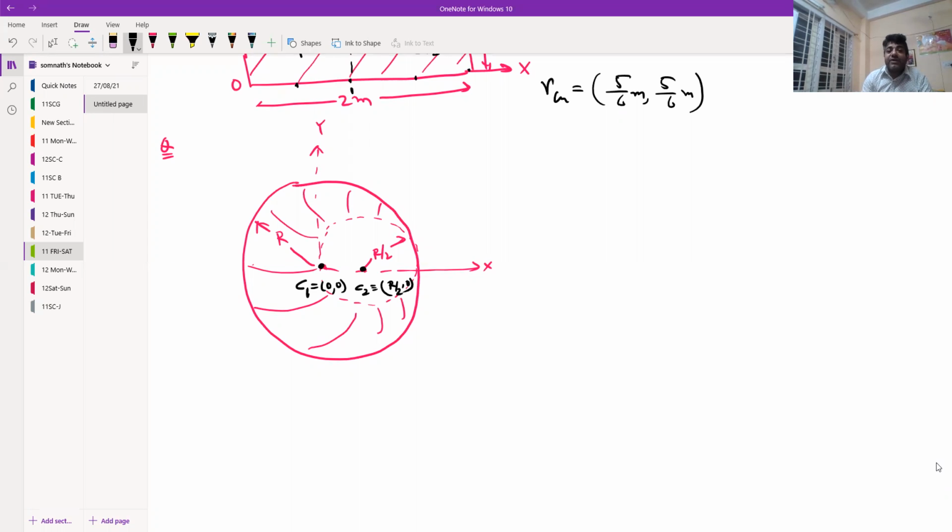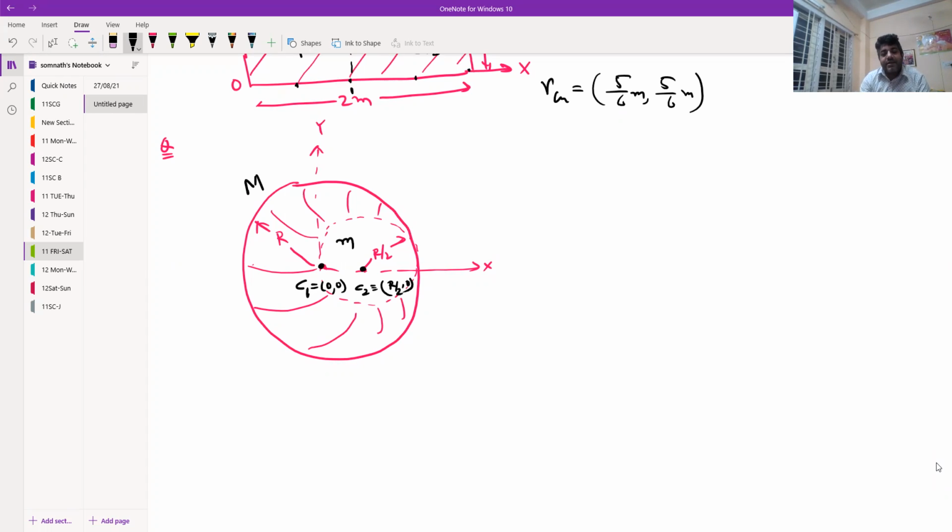Now, as they don't give you the total mass, we can suppose the total mass is capital M. And let the mass of the cutout disk be a small m, which we have to express in terms of the total mass.